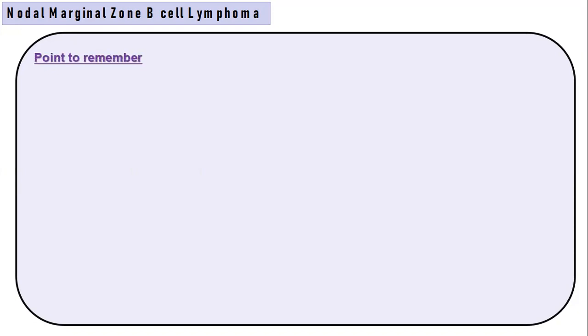So what are the other points that we need to know about nodal marginal zone lymphoma? Well, it's an indolent, low-grade B-cell neoplasm. The prognosis is excellent. The patients have a very good survival.